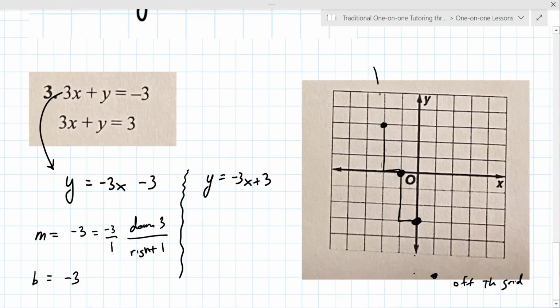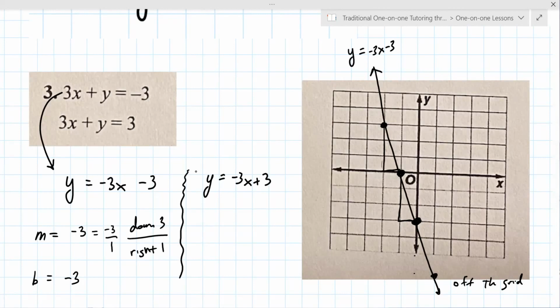I don't expect you to fully understand that, but you can see that there is an issue graphing this one. So that's the graph of that. We've got to graph the other line now. Go ahead and get this line down, and then we'll look at the next one.